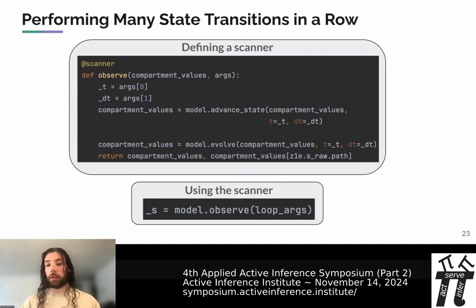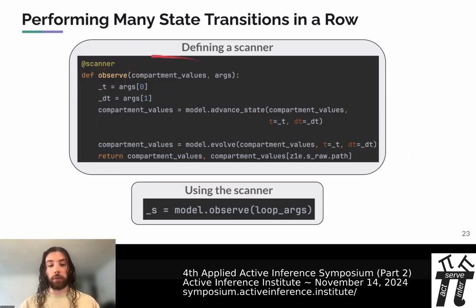Now, the NGC-Learn scanner is built on top of JAX's scan function, which is effectively a method of doing a for loop inside of their just-in-time operations. And the way this works is we have our scanner. We have an observe function for us, but this is just whatever you want to name it. There are no hard and fast rules on what this needs to be called.